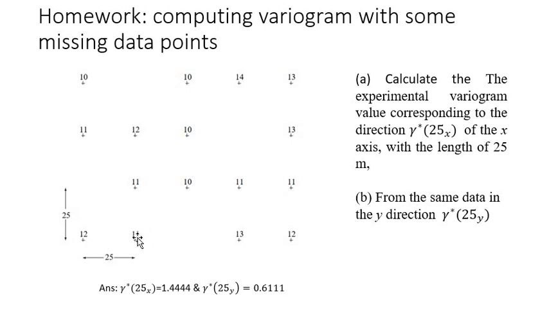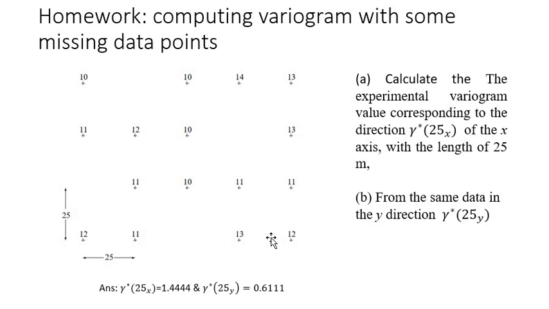So just a hint, as you can see, this one and this one have a difference of 25, but this one and this one have a difference of 50, so you don't include this one. We call this computing a variogram with missing data. You only consider the horizontal ones.